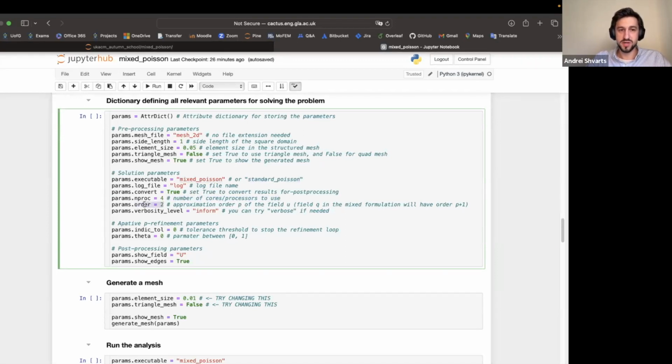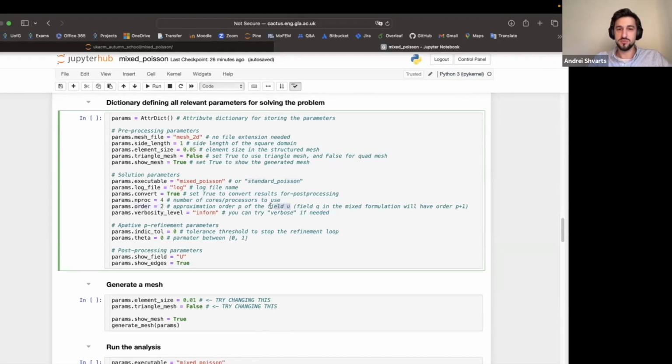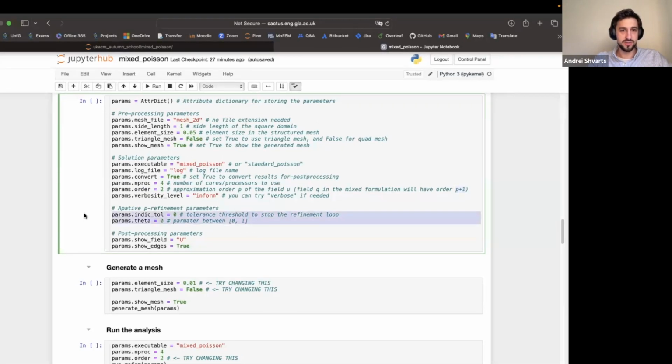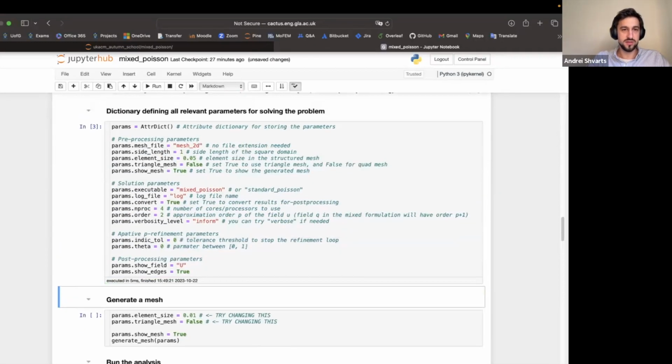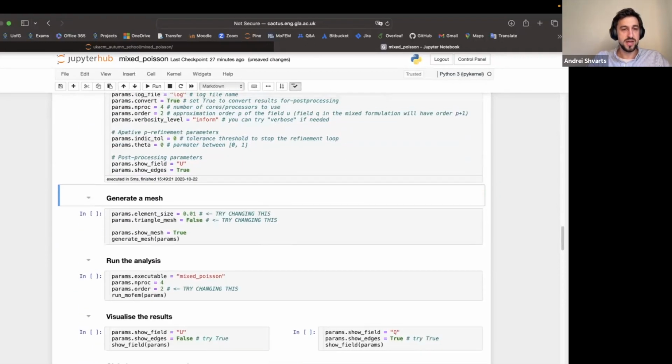So this parameter over here defines this order P, which will be used for the field U, while for the field Q in the mixed formulation, we will be using the order P+1. And there are some additional parameters for tolerance that will be discussed at the end of this tutorial. Okay, so we execute the cell to define the base values of these parameters, and we can now play with the mesh and try to solve something.